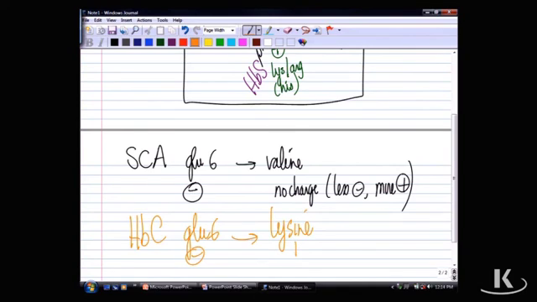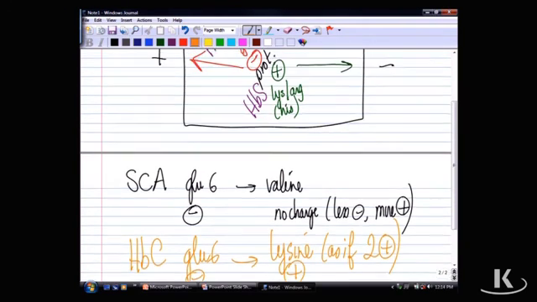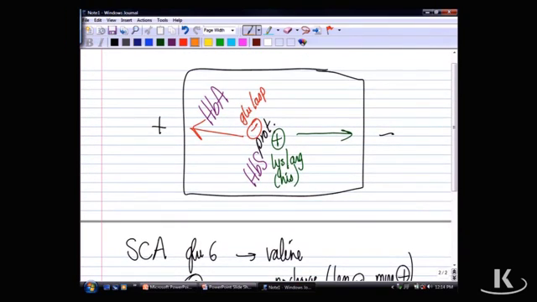And lysine, as you know, is positively charged. So this time, it is as if I got two positive charges extra. Since I lost a minus, it's as if I became more positive, and I further added an extra positive charge. So where would you put HbC on my diagram? HbC, having lysine, should be located closer to the negative electrode.